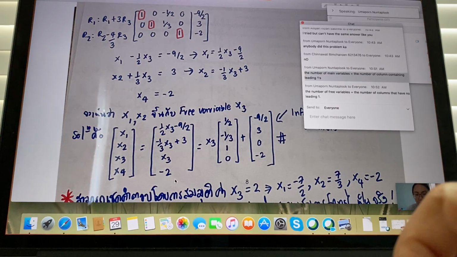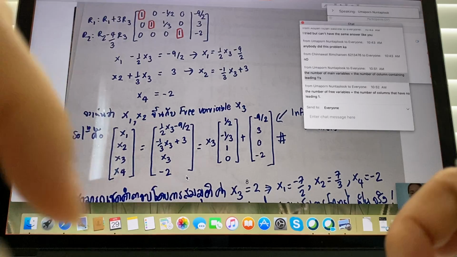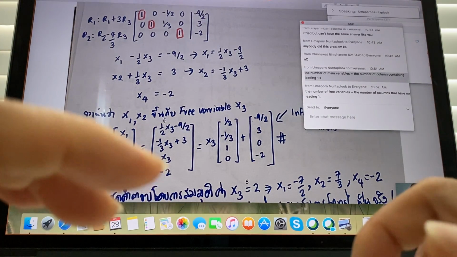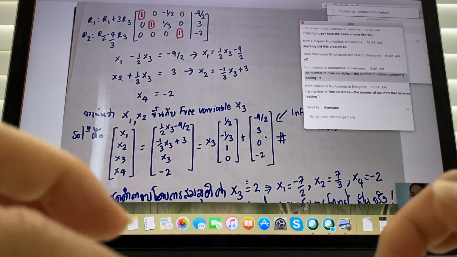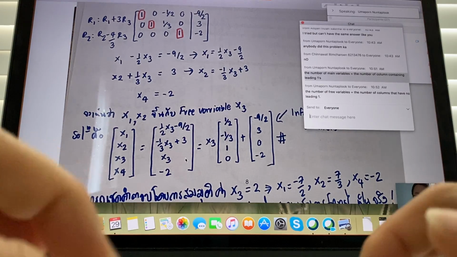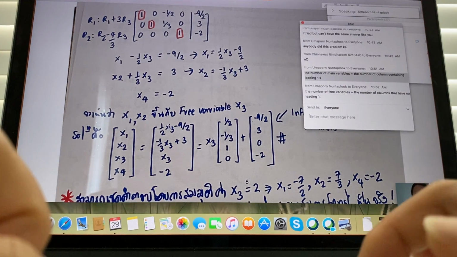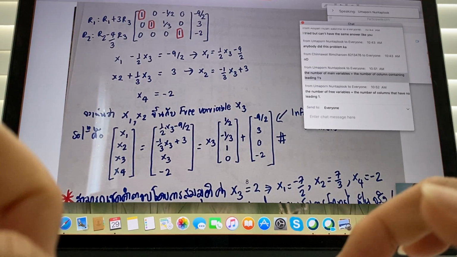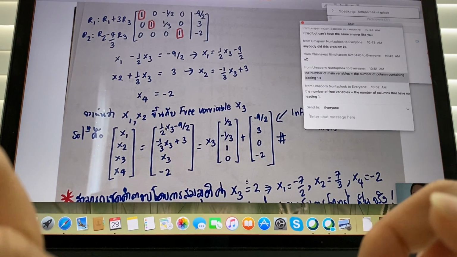And then x4 is fixed, it's equal to -2. After that, I just split this form into two groups. The first term is just the term involving x3. So I have x3 and here is the coefficients of x3: 1/2, -1/3, and 1.